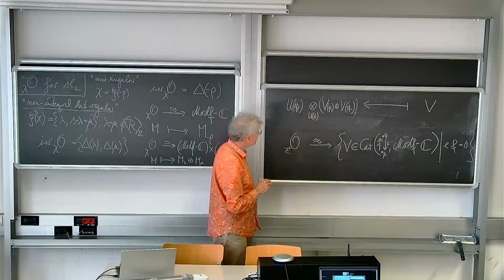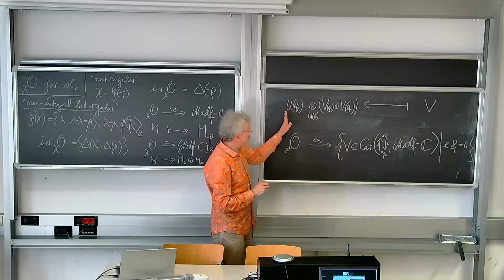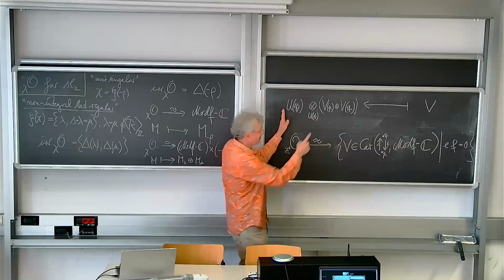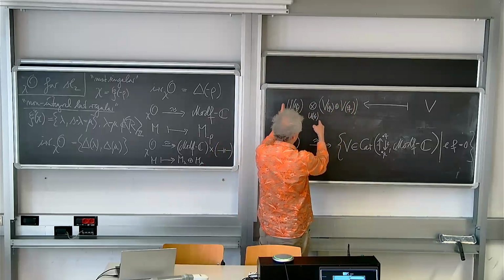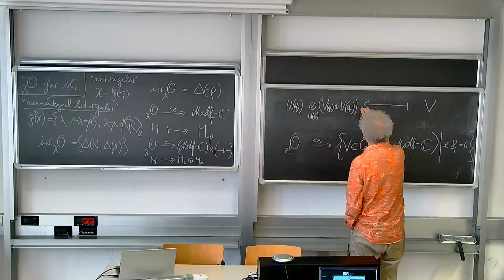Then we get something a bit too much. If we take a finite dimensional representation and induce it up from the Borel, we get too much, so we should divide out something.